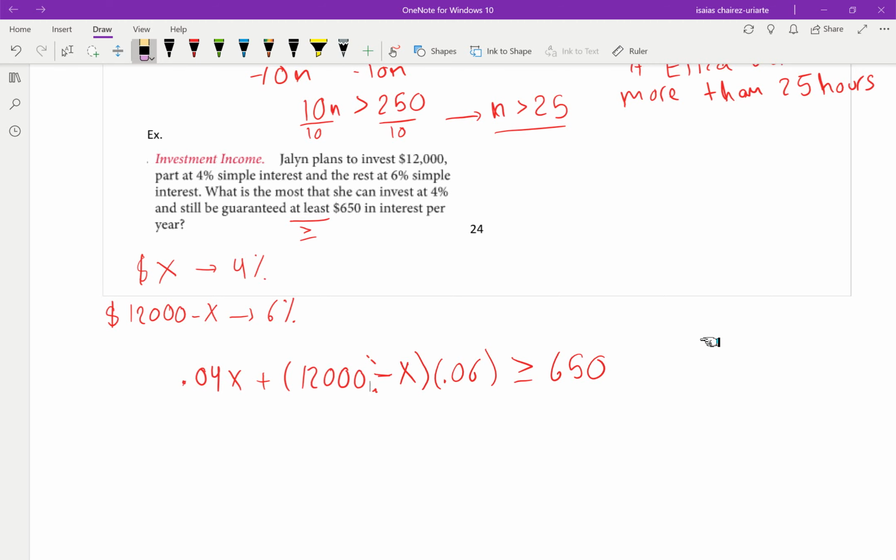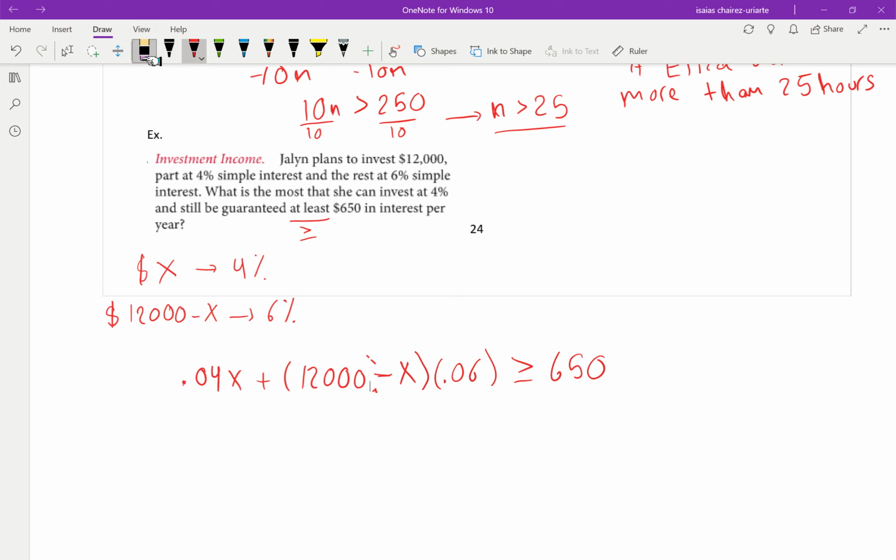So now it's a matter of solving this inequality. It's just a matter of solving this inequality.